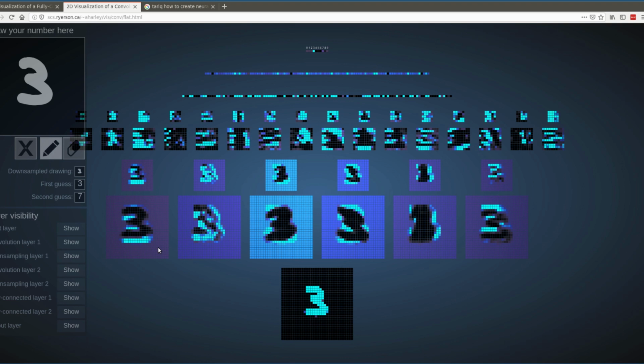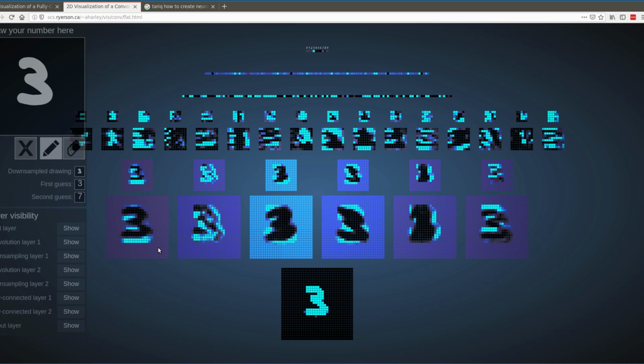The cool thing about neural networks is that they are able to understand in their own way how to recognize numbers, images, patterns, approximate functions, and all the cool things that you can see in the world of neural networks.